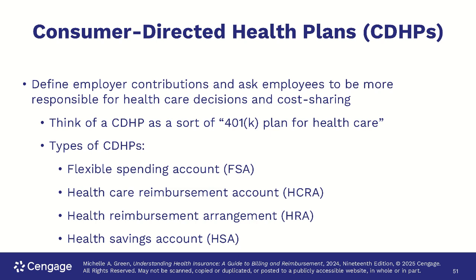Consumer directed health plans, CDHPs. This is where basically, as an employer or employee, your employer asks you to be more responsible for healthcare decisions and cost savings. And so the book calls it like a 401k for health plan. And so I think two that are probably very common to people are the flexible spending account and the HSA.